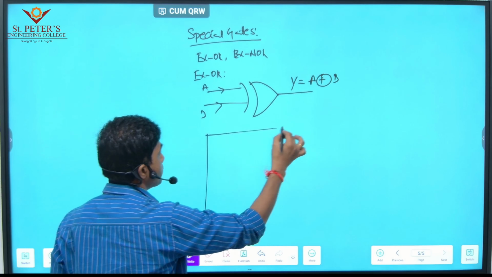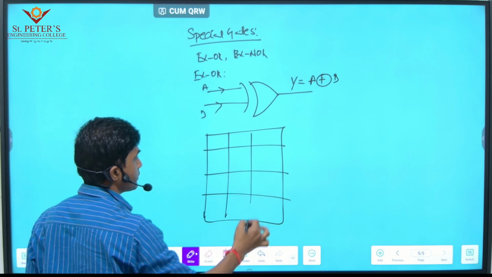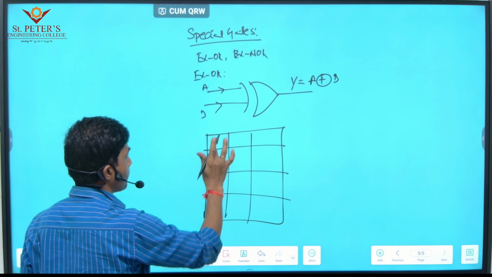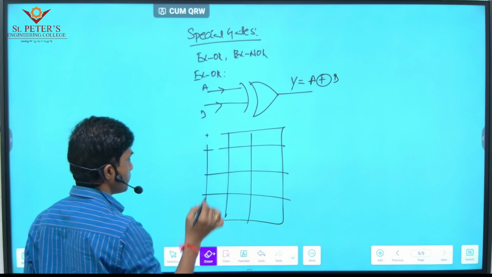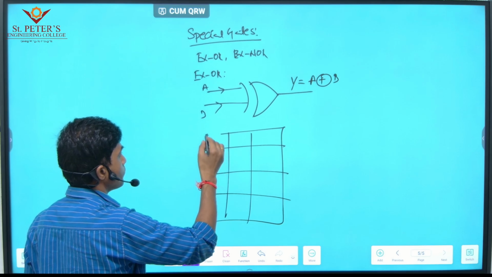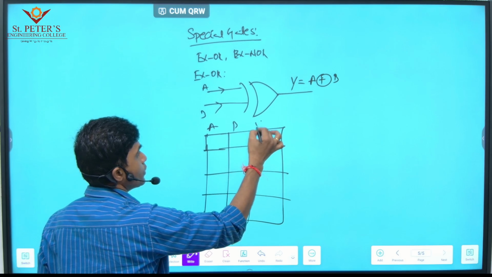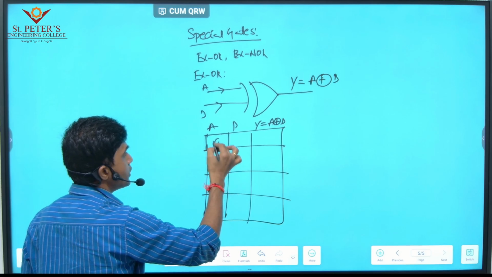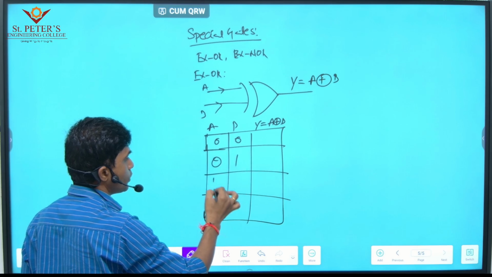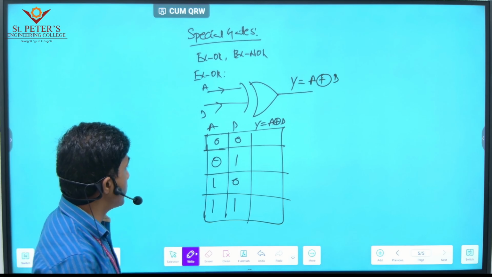If I draw the truth table, this is A, B, Y is equal to A XOR B: 0 0 gives 0, 0 1 gives 1, 1 0 gives 1, 1 1 gives 0. With two variables we are going to get 4 combinations.